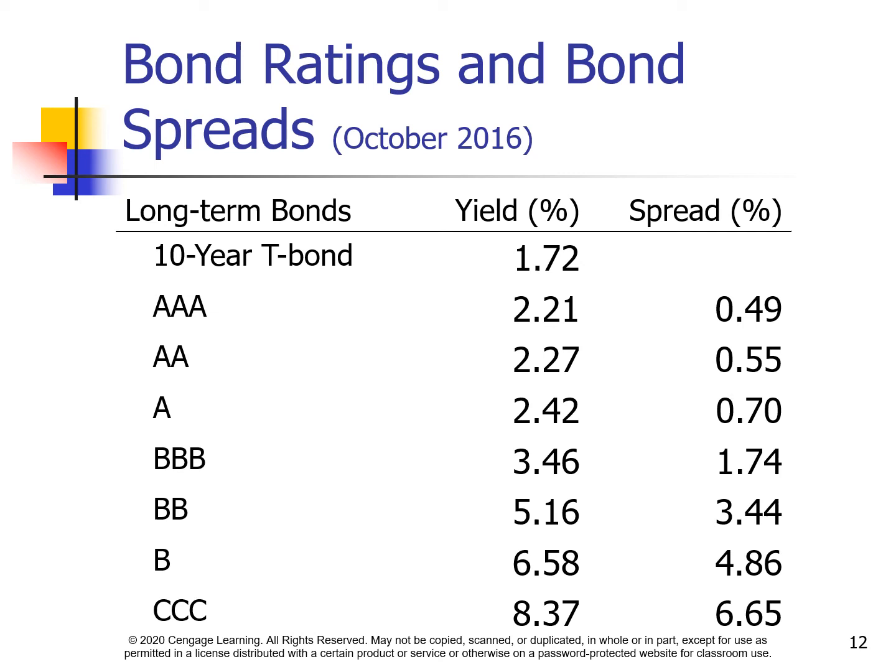A CCC level bond is a higher risk bond. The yield will be higher, for example 8.3%, and the spread is 6.65%.